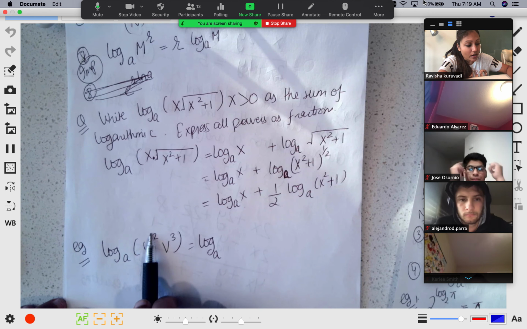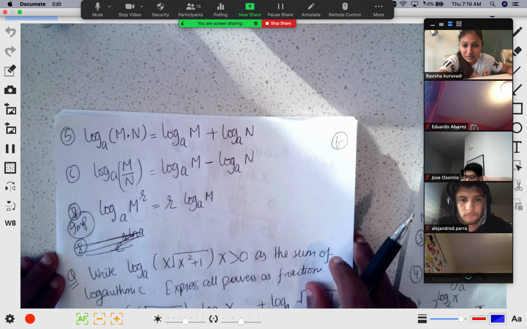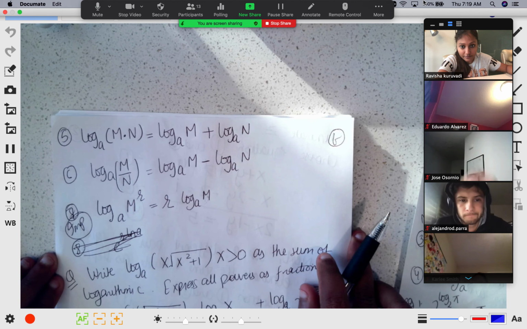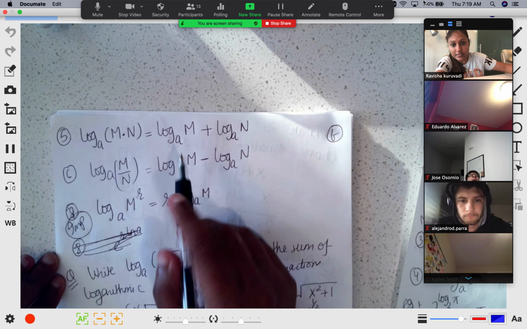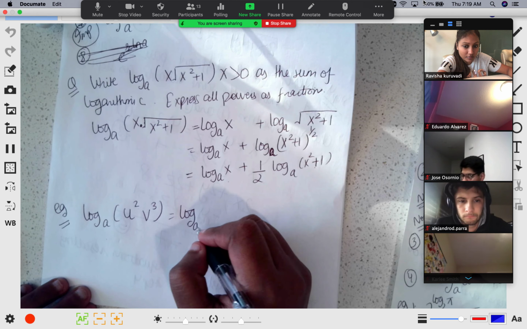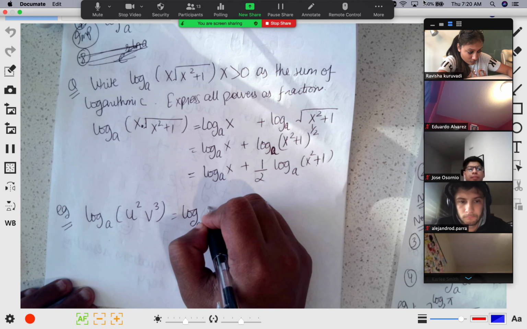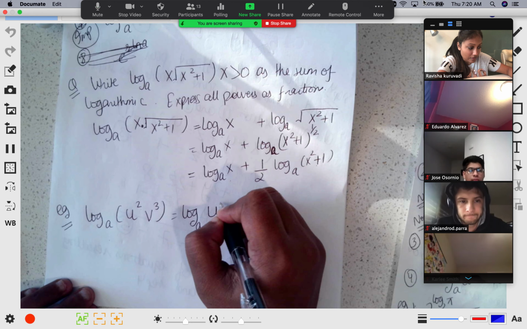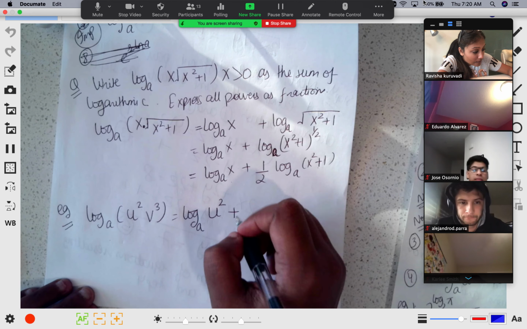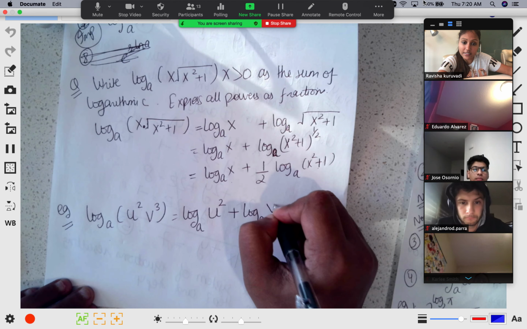What happens when they are multiplying? Which property do you use? Number 5. So it changes into addition, right? So I'll distribute the log. What does it become? Log a of u square, and then plus sign, multiplication changes, log a of v cube. Yes. Perfect. Can I expand it further?